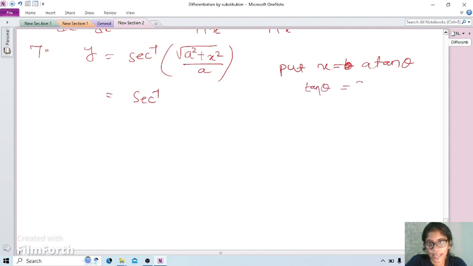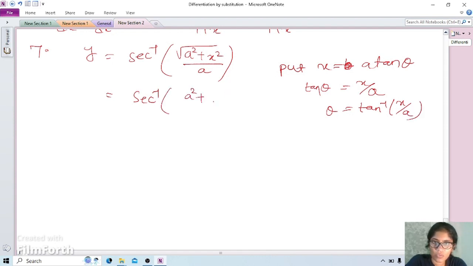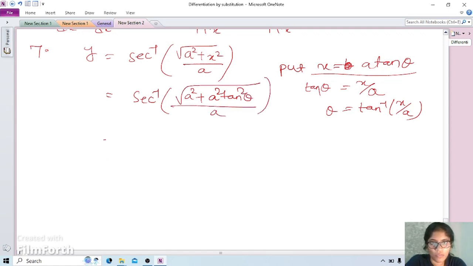Since it is not x, we take the derivative again, which equals 1 by 1 plus x square by a square into derivative of x by a. X by a means x into 1 by a, where 1 by a is constant and the derivative of x is 1, which equals 1 by a square plus x square by a square, into 1 by a.